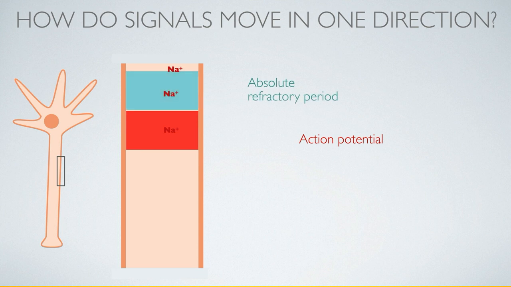So what that means is that in this new site here, as the sodium infiltrates into the axon, it cannot reactivate that little patch of membrane that was just activated. So here we have the sodium moving into the axon, and here it can activate the membrane, but not here. So the refractory period instills the membrane with a memory.